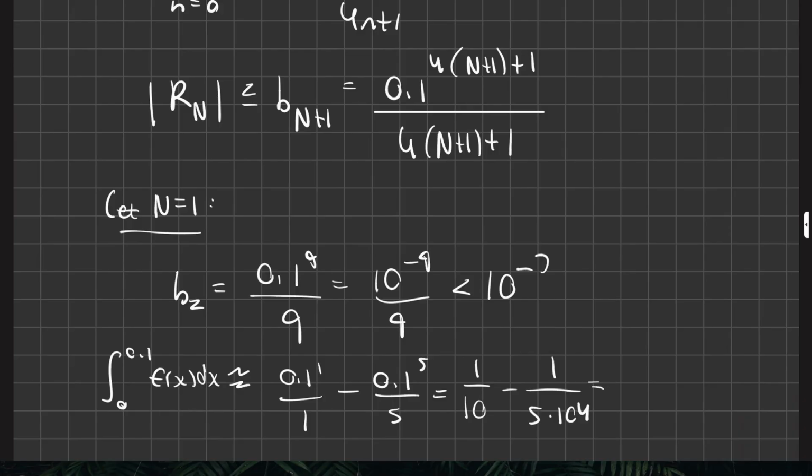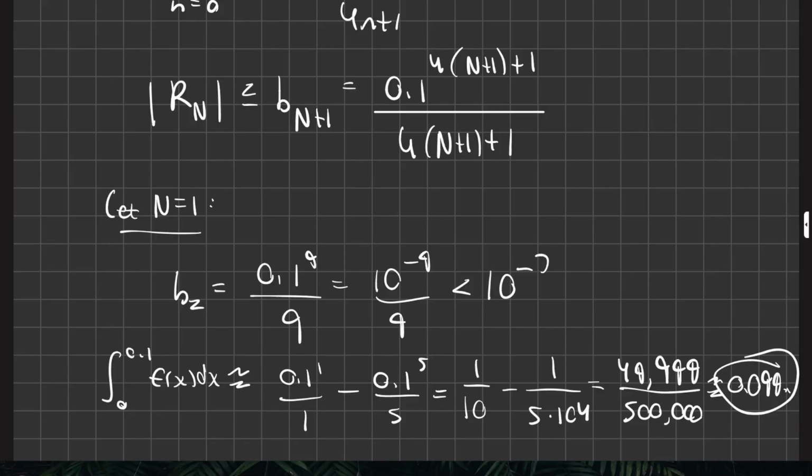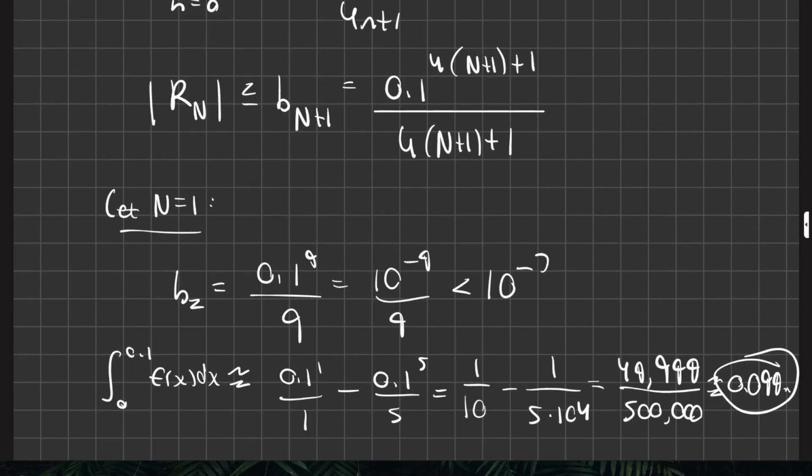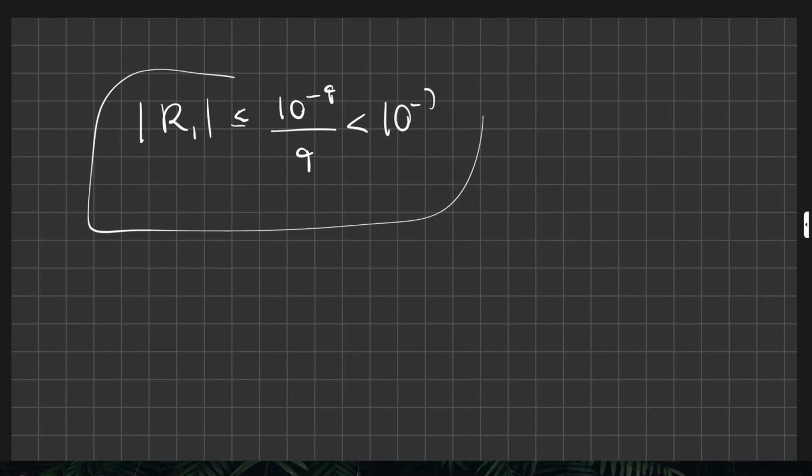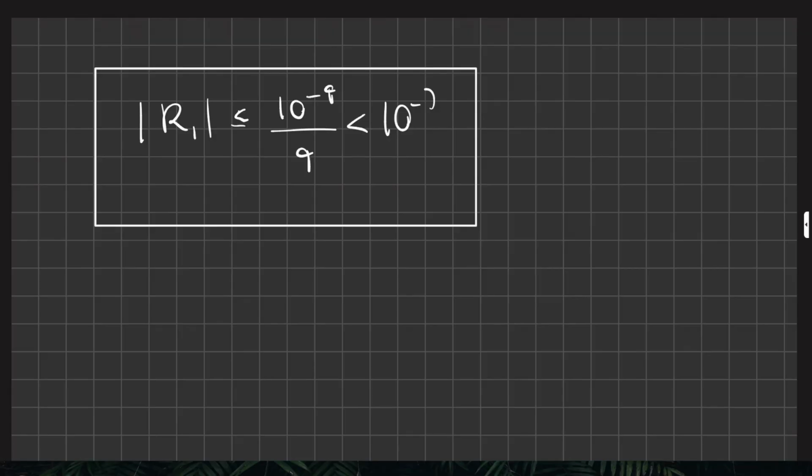Again, if you had a calculator, this comes out to like 49,999 over 500,000, which is roughly 0.099 and a bunch of other numbers again. It doesn't matter too much, but this means that our error then is, of course, R1 less than or equal to 10 to the minus 9 over 9, which is less than 10 to the minus 7. So we've solved this problem. We found the approximation.